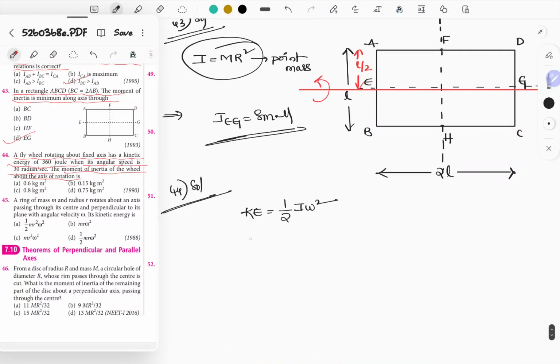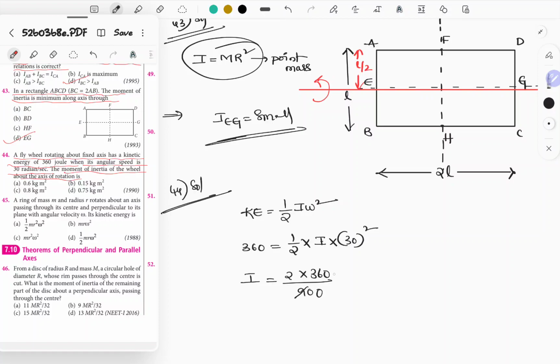Super. Kinetic energy they have already given, it is going to be 360 joules, equal to 1 by 2 into moment of inertia. We don't know that, that's what we have to find out. Moment of inertia is I. Omega value they have given in radian per second. Let me substitute that. It is going to be 30 squared. So finally I is equal to 2 into 360 divided by 900.